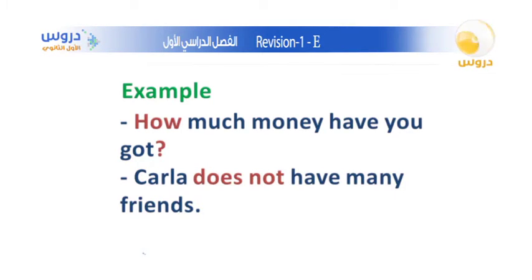So Carla has a lot of friends, or Carla has lots of friends. This is positive. This has the meaning of yes, all right? Kevin, in the other example, has a lot of money. Kevin has lots of money. Also positive.